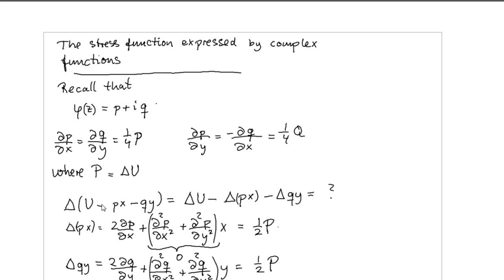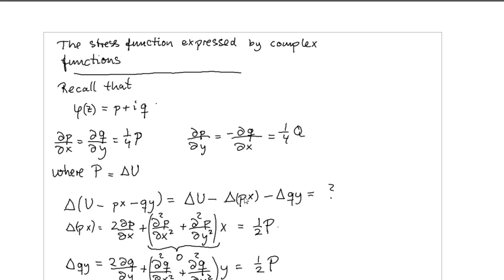Of course, the Laplacian is a linear operator, so this would be the Laplacian of this term minus the Laplacian of this term minus the Laplacian of this term. So what is this? Let's find the Laplacian of px. It's really trivial to do this. We have the product rule for differentiation we can use.